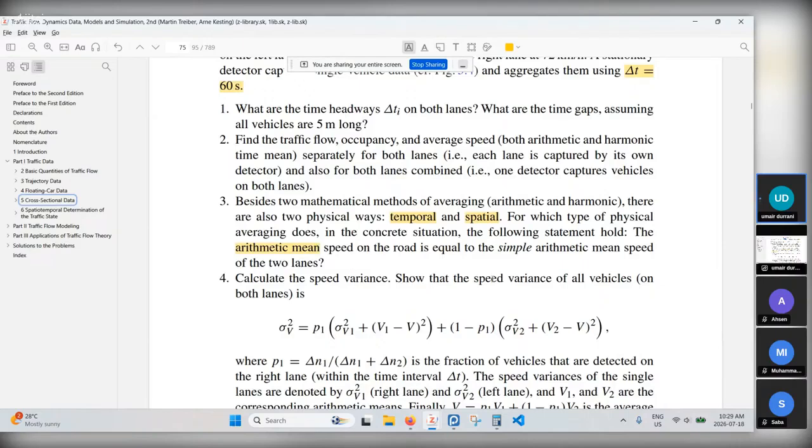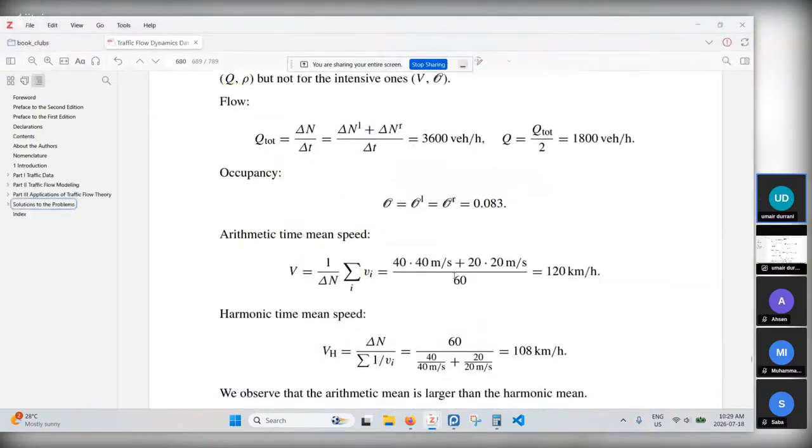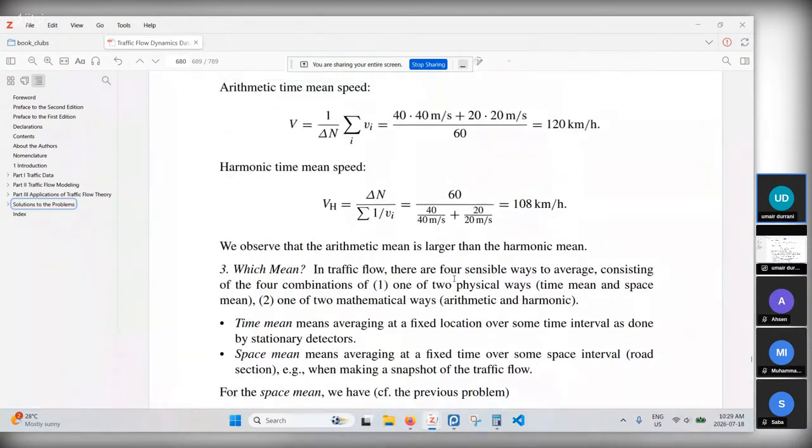So there are different ways to estimate both temporal speed and spatial speed, either using arithmetic mean or harmonic mean. The question here says, in what condition is this statement true? The arithmetic mean speed on the road is equal to the simple arithmetic mean speed of the two lanes. When will this statement be true? So let's see the solution.